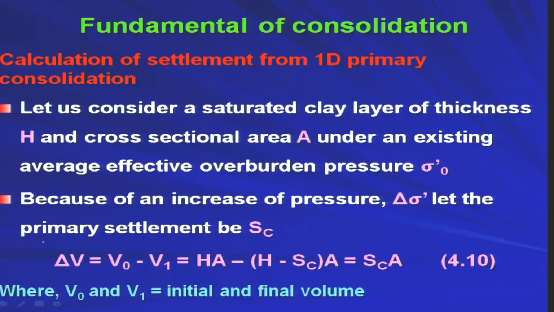So, H minus S_c is now your new thickness of the soil deposit, where S_c is the settlement, that means the deformation or the change in thickness. So, (H minus S_c) into A gives me the final volume V1, which gives the final expression S_c into A. So, S_c into A is nothing but delta V, the change in volume.